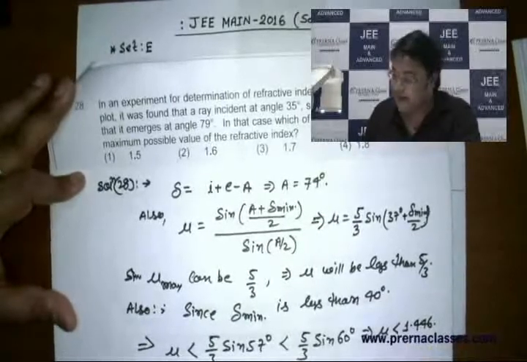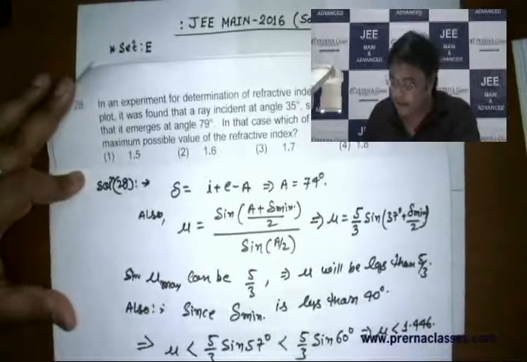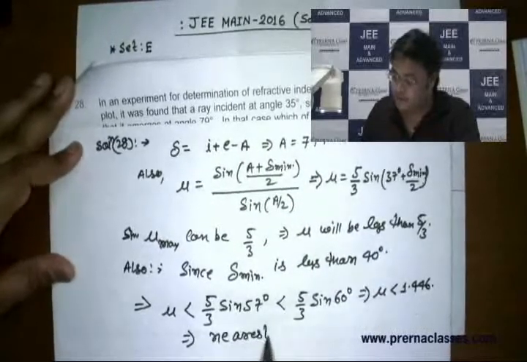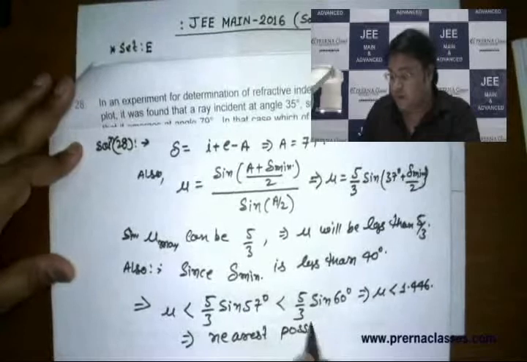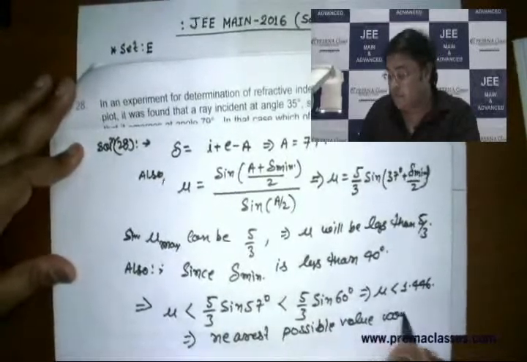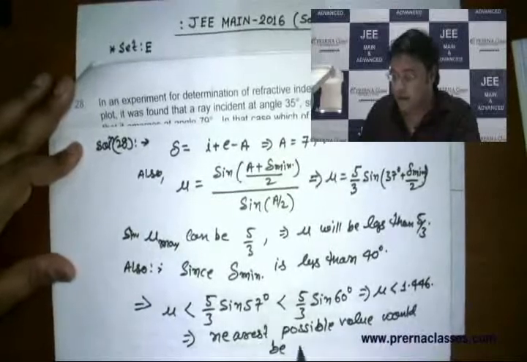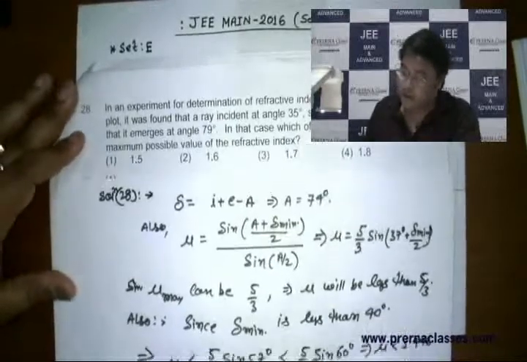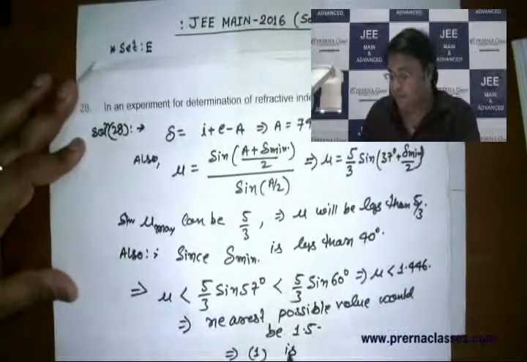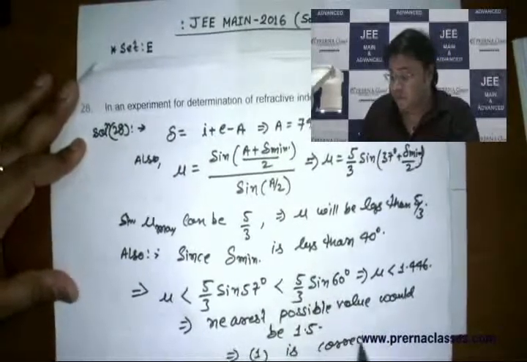So the nearest possible value would be 1.5. So option 1 is correct. Clear?